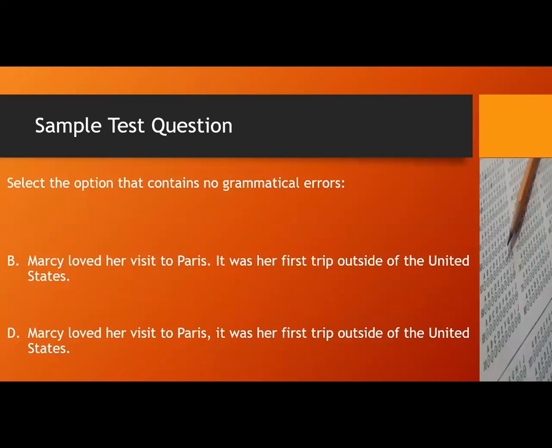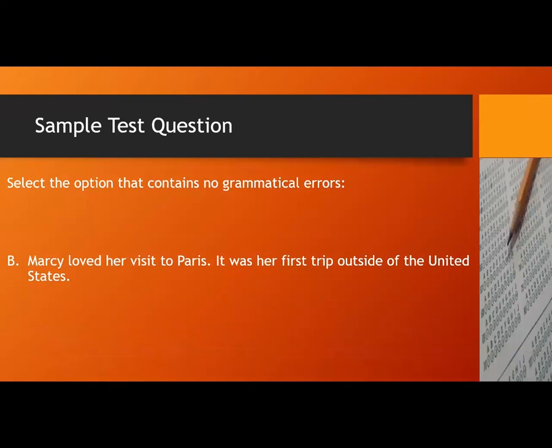And you know what that does? That creates a comma splice, which is a type of run-on sentence, which is a grammatical error. Therefore, option D is out. After examining all of the options carefully, it is clear that option B is the correct choice.